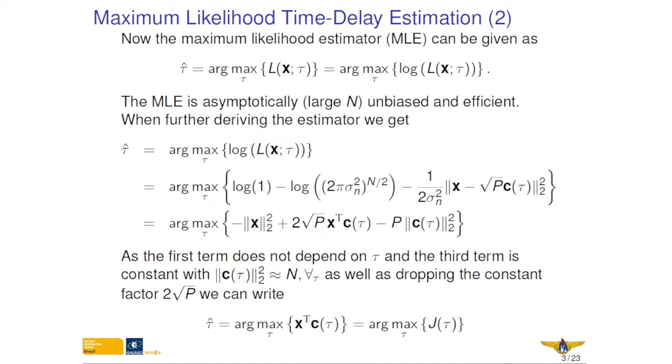We evaluate the cost function at plus delta and at minus delta, and we take the difference and divide by 2 delta, and we can also now include here the cross correlation function. So we have to calculate 2 cross correlation functions, evaluate these 2 values, and we can then iteratively estimate the time delay.